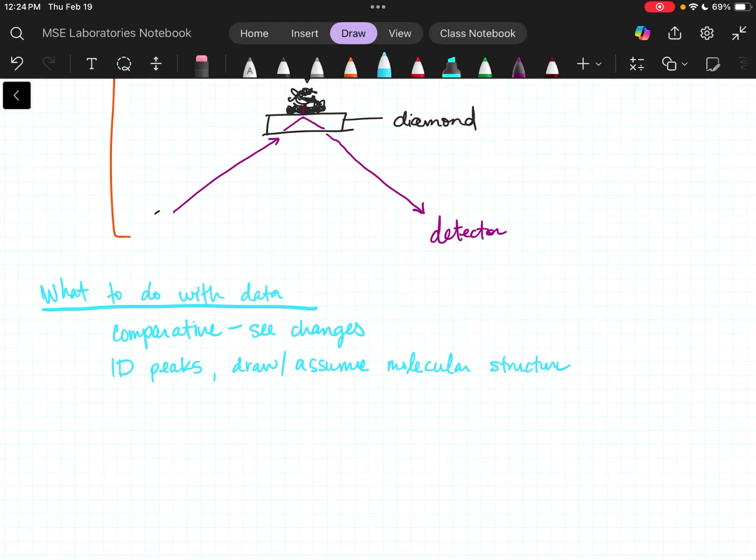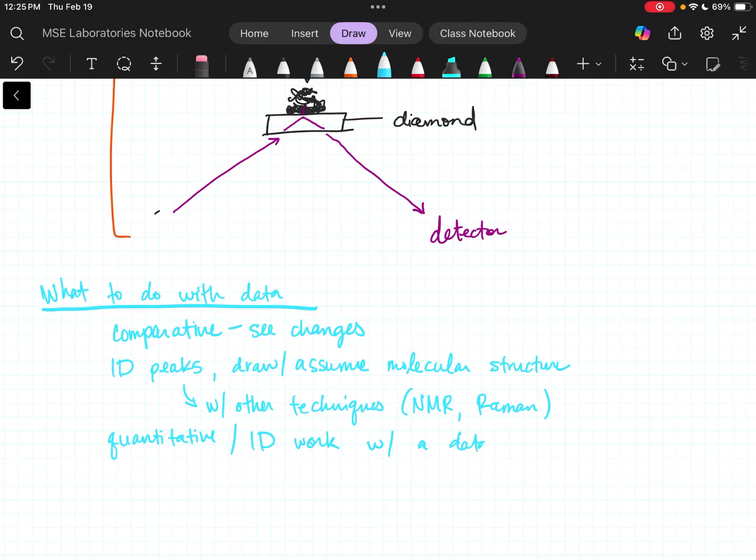FTIR in an organic chemistry class, you're often going to see also a Raman spectrum or an NMR spectrum, because FTIR on its own, just having a list of peaks, is not all the information you need to know what is up with the material. So you do have to do that with other techniques like NMR or Raman.